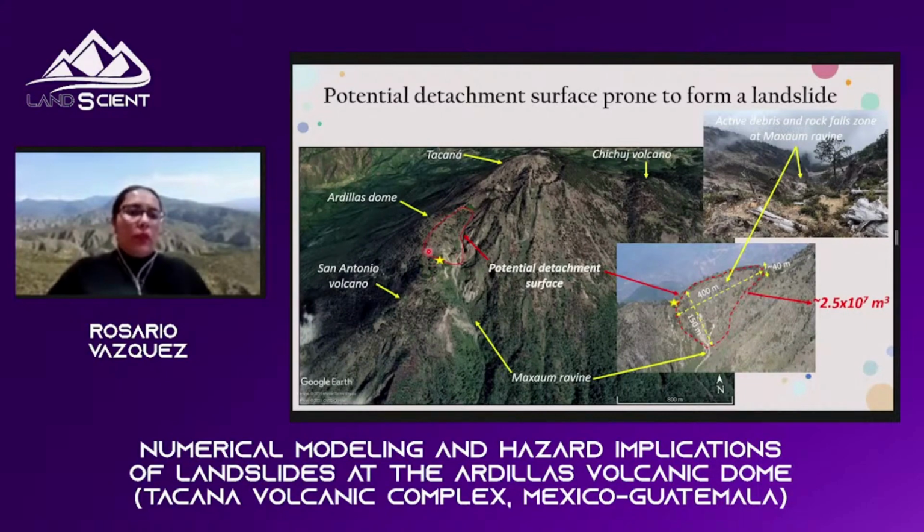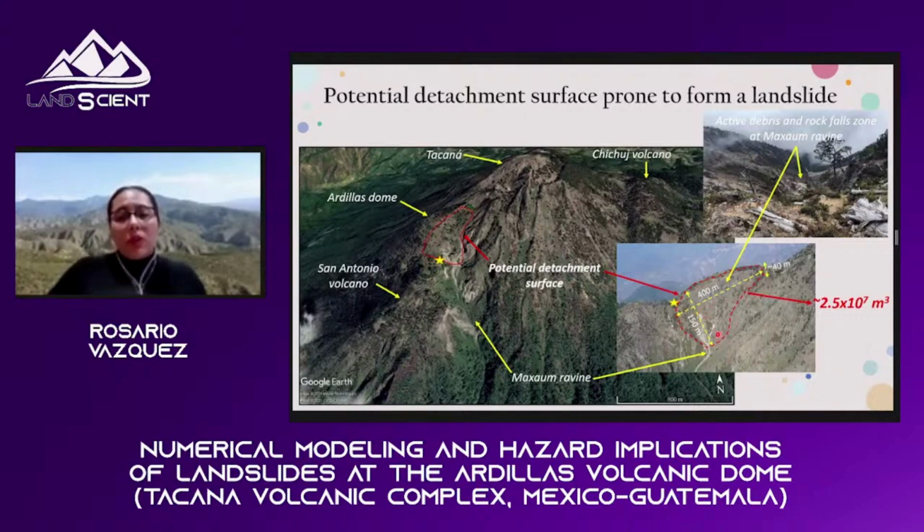So we detected this from our field campaigns. From this other view, we can see the shape of this surface that we calculate the maximum volume that could be detached from this zone. This is the shape and the size of this surface.